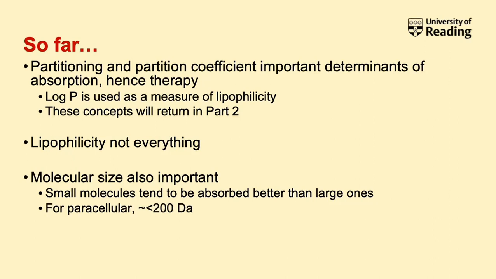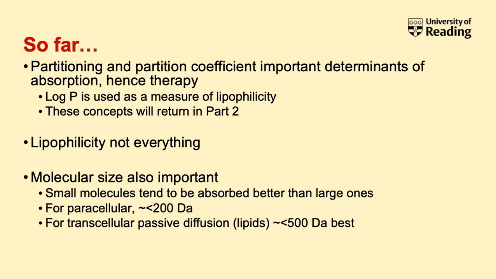And just to let you know the sizes, if we have paracellular crossing of the membrane, then 200 Daltons is about the maximum molecular size you can have. For transcellular passive diffusion, so through the lipids, 500 Daltons is going to be the limit. Dalton is a unit for molecular mass, and it's equivalent to grams per mole.